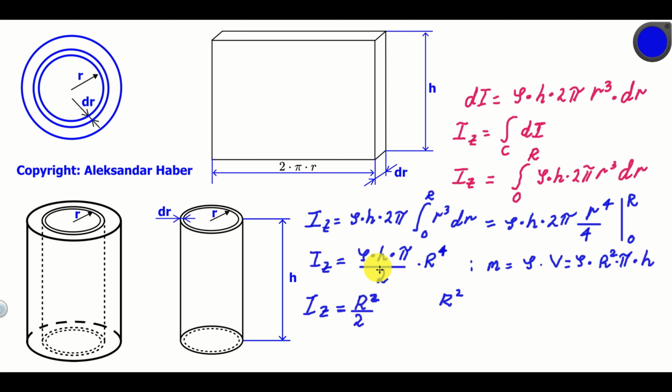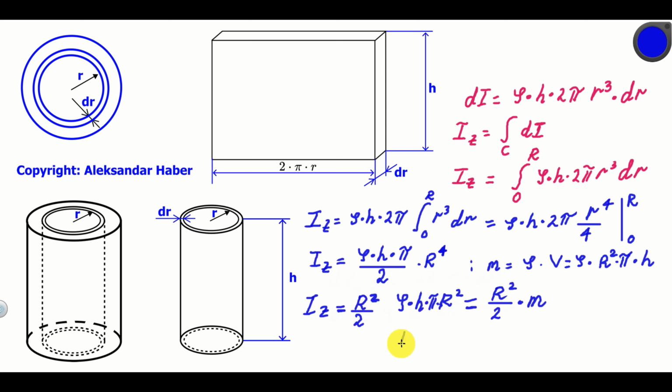And we are left with this term, rho multiplying h multiplying pi, and this multiplying r squared. And we can see that rho multiplying h multiplying pi multiplying r squared is actually the mass, and consequently the expression is r squared divided by 2 multiplying the mass of the cylinder. And that's it.